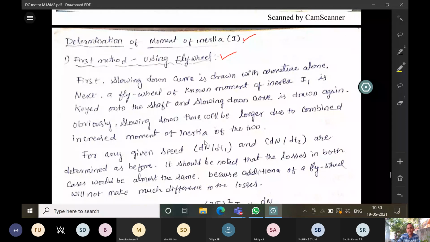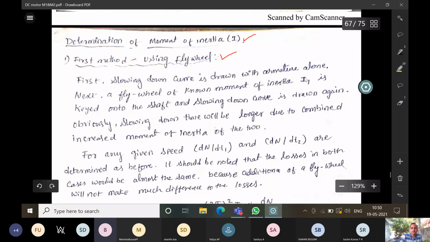What to do for that? First, the slowing down curve is drawn with armature alone. So the first method uses the flywheel with armature alone. Next, a flywheel of known moment of inertia, I1, is keyed onto the shaft and the slowing down curve is drawn again.